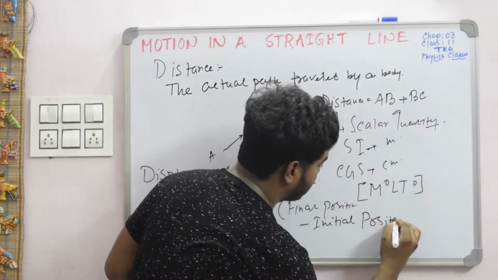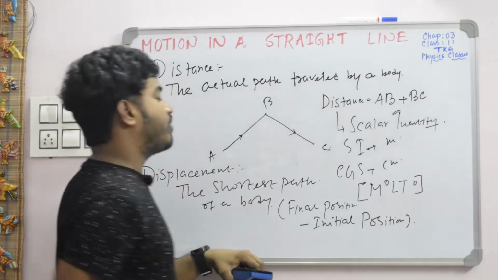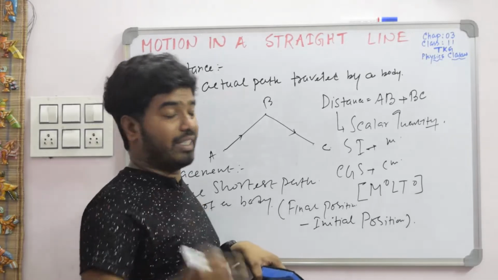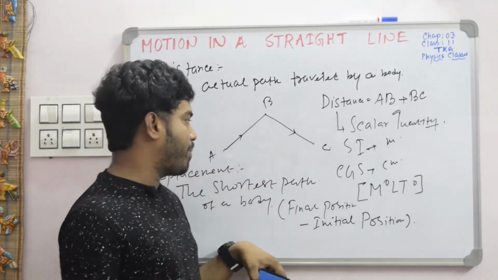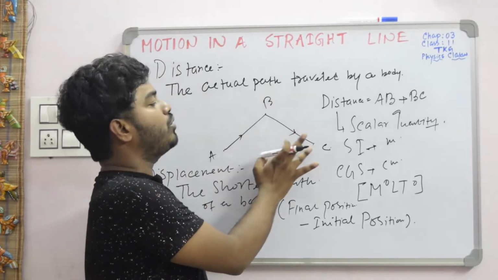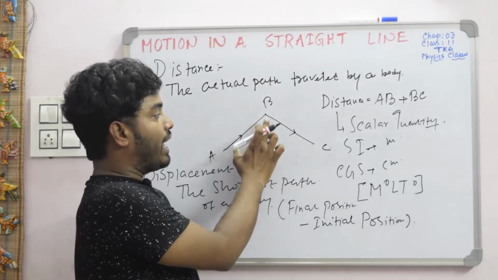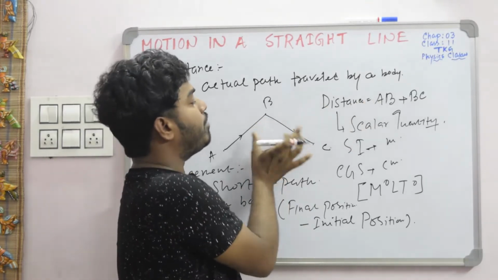Final position minus initial position of a body is called the displacement. Take this example: a body is moving from A to C via B. Here the distance is AB plus BC.